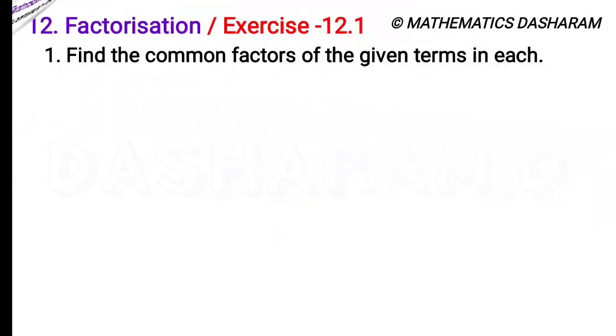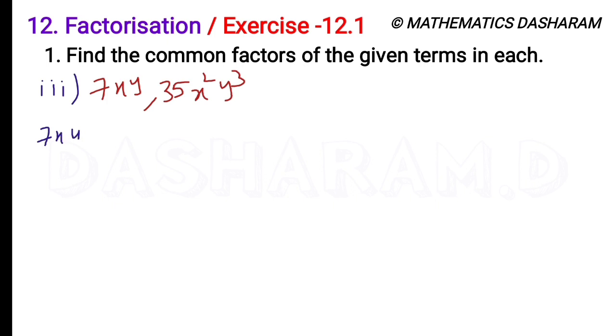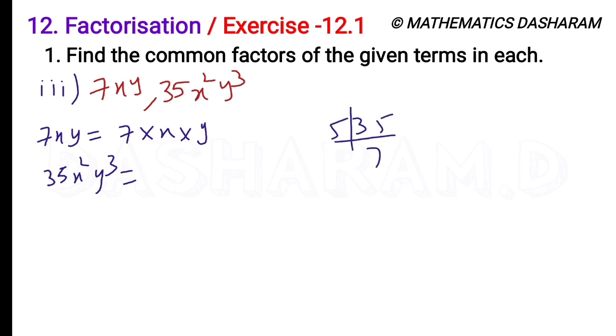Next, coming to the third question, 7xy, 35x square y cube. First do factorization: 7xy is 7 into x into y. Next, 35x square y cube equals: 35 comes in the 5 table, 5 sevens are 35, so 5 into 7.